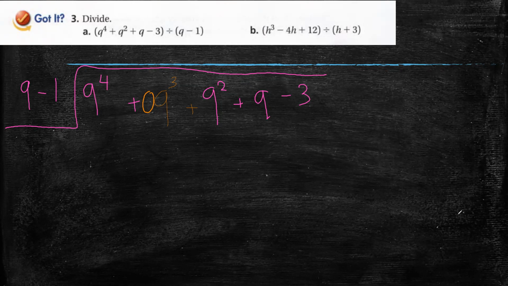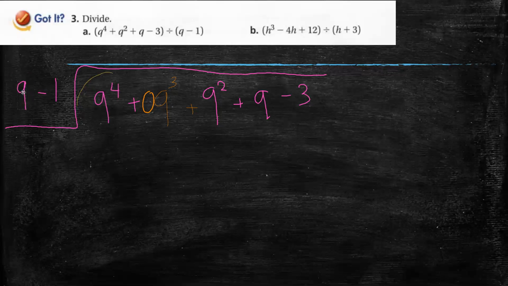I told you that when you want to divide, you have to divide the first term, this one here, into this one only. So let's rewrite it here now. q to the power 4 over q.